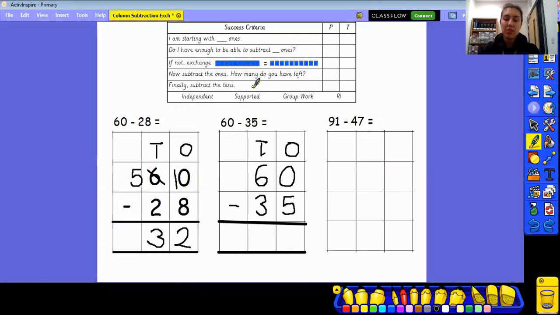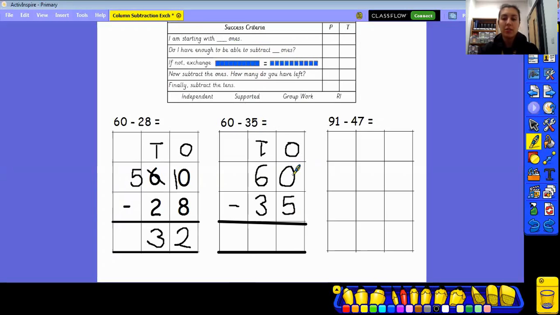Now I can follow my success criteria to be able to work out the answer. So I am starting with, once again, the number on the top is what I'm starting with. I'm starting with 0 ones. Do I have enough to be able to subtract 5 ones? No, because 0 is too small.